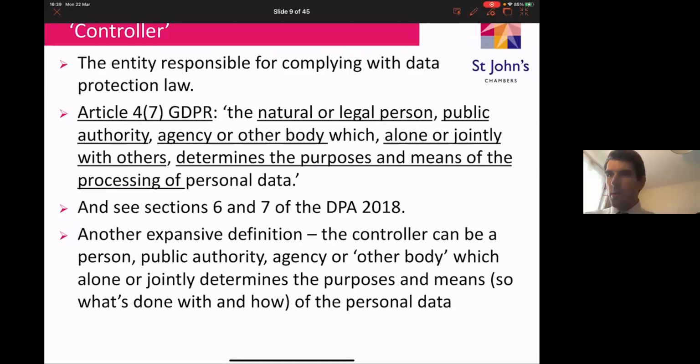And that, as with the definitions of personal data and a processor, it seems to me, is an expansive definition. It can be any other body which alone or jointly determines the purposes and means. So that seems to me is what's done with and how of the personal data.